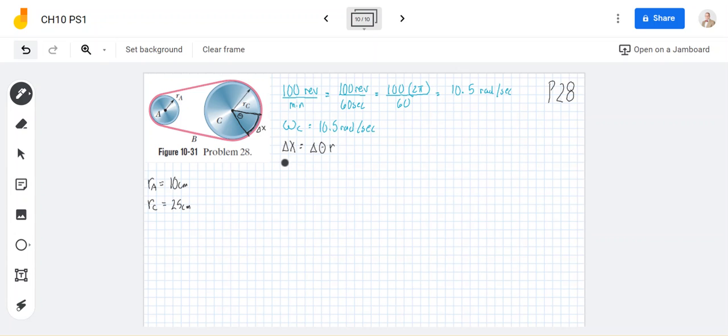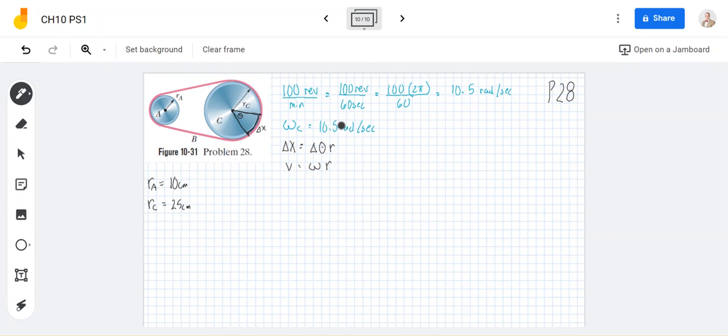So the linear speed is the angular speed times the radius.